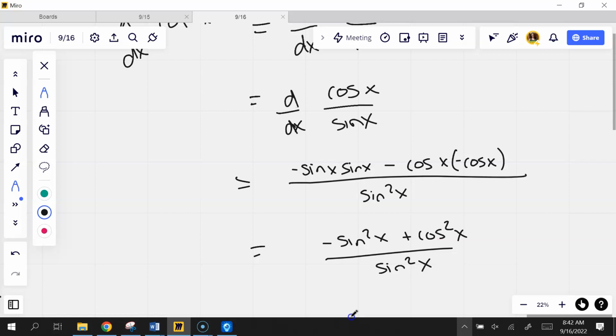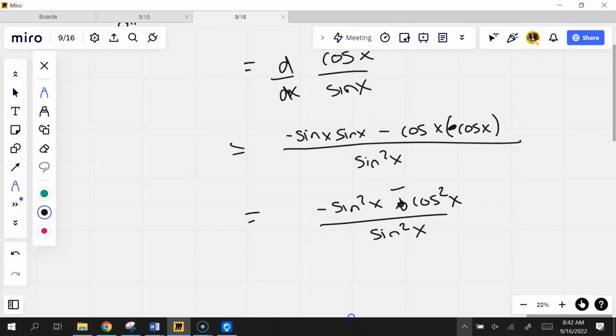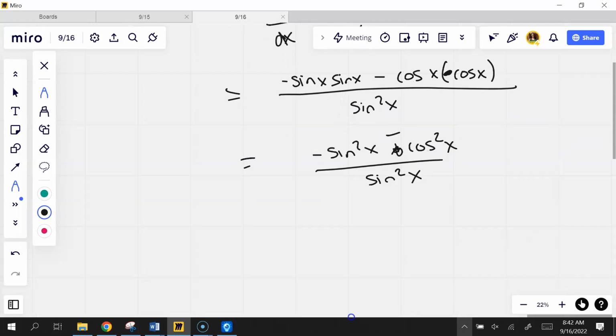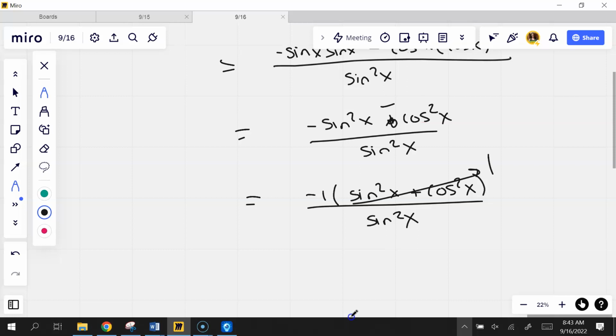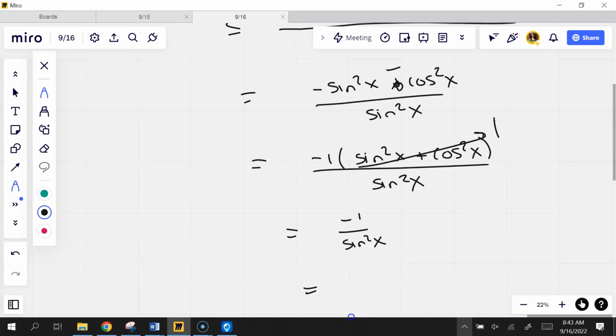No. Okay, well now I can do something. What can I do? Take a negative out. Negative 1 times sine squared x plus cosine squared x over sine squared x. That's 1. Negative 1 over sine squared x, which is negative.